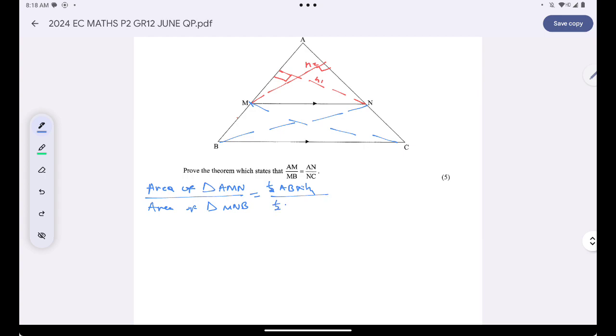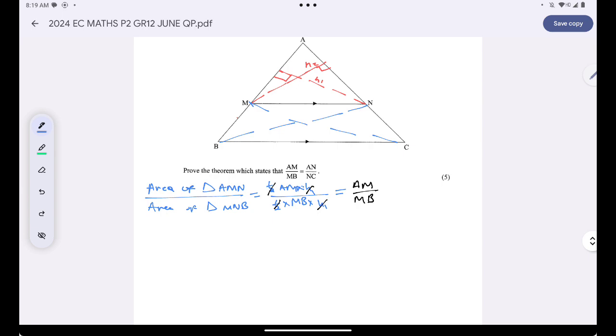Then here we have 1 over 2 multiplied by MB, and the height is still H1. So here the halves will cancel, the H1 and the H1 will cancel. We'll simply have AM over MB. I need to fix the error there as well, because I wrote AB. It should be AM. Alright, together.